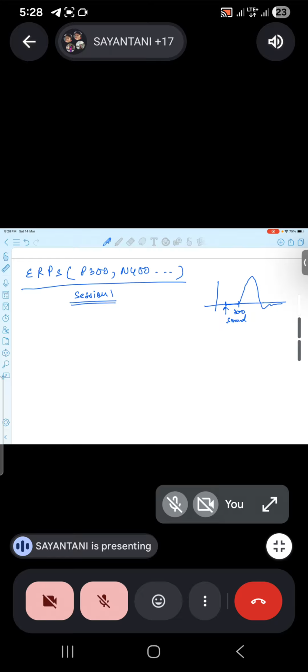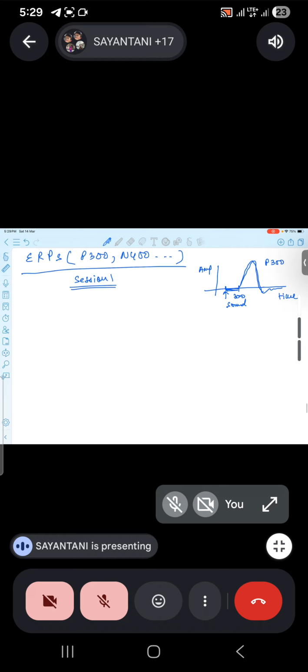This positive peak after 300 milliseconds is referred to as the P300 signal. So it's a time domain based signal, amplitude versus time. For such signals, we have different types like N400, P1000 and so on. For such signals, I need an extra step before extracting the time domain based features.